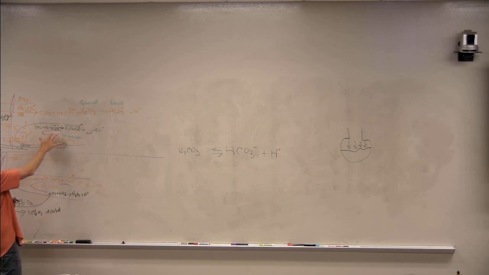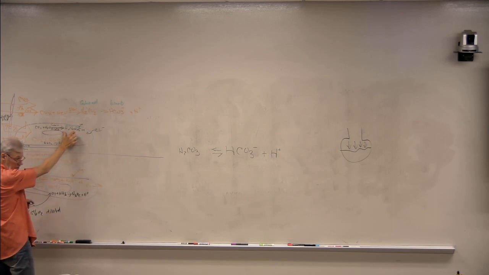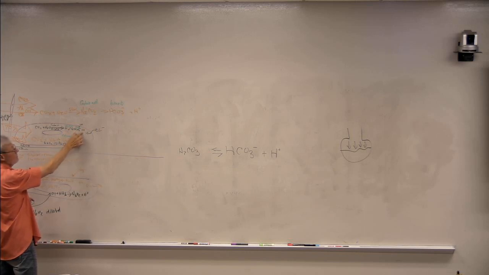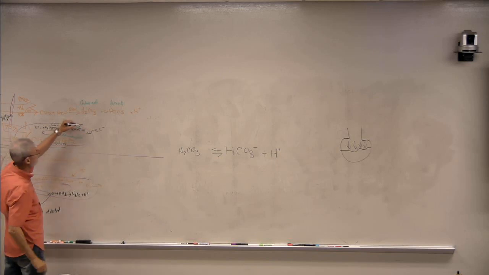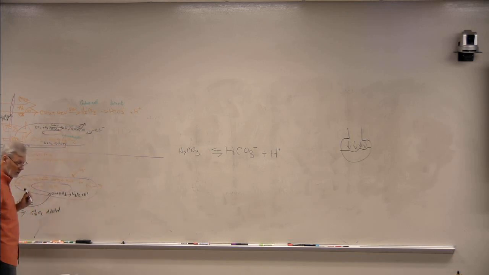It's a catalyst, okay? And so carbonic anhydrase makes us form carbonic acid, H2CO3. The carbonic acid dissociates and kicks off a hydrogen, right? And we get bicarb and a hydrogen. And the bicarb, I have an arrow here, exits the red blood cell and floats around in the blood.